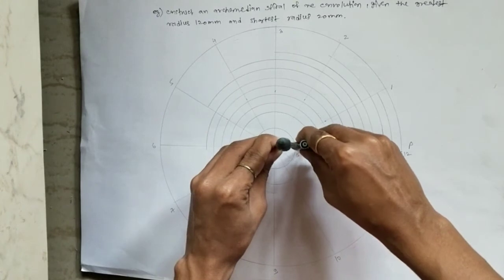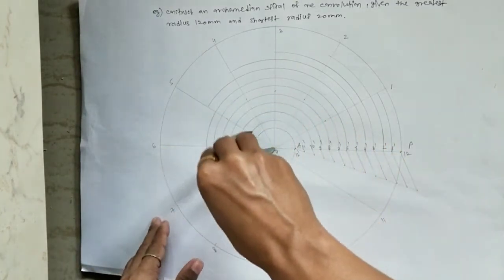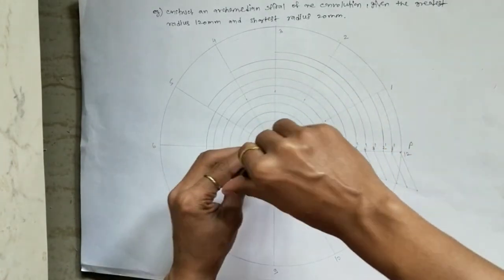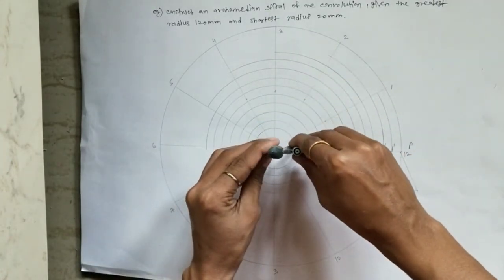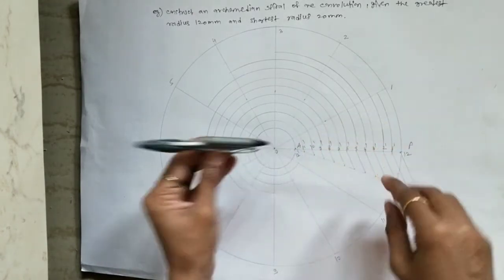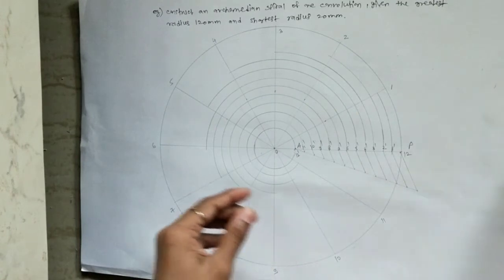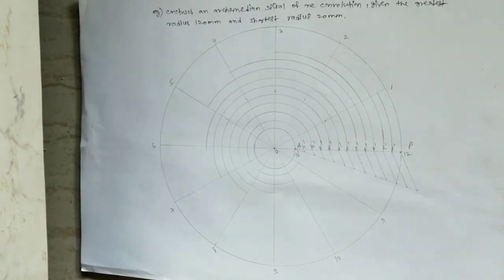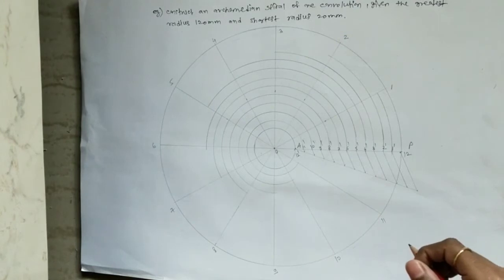Then O11 dash distance, draw arc up to O11, and if you take O12 dash distance and center O, it will appear as point 12 dash. So now we have got all the points. Next task is give name to these points and join all these points.